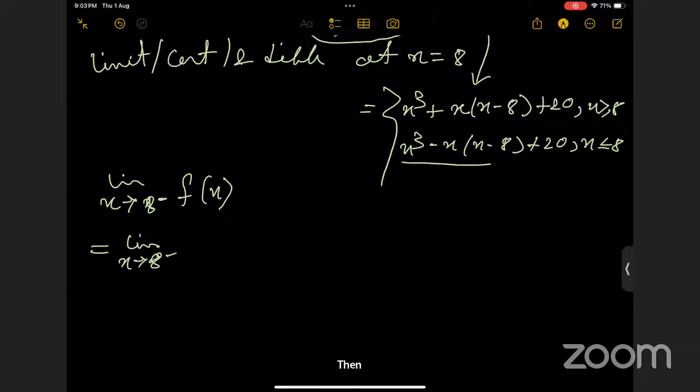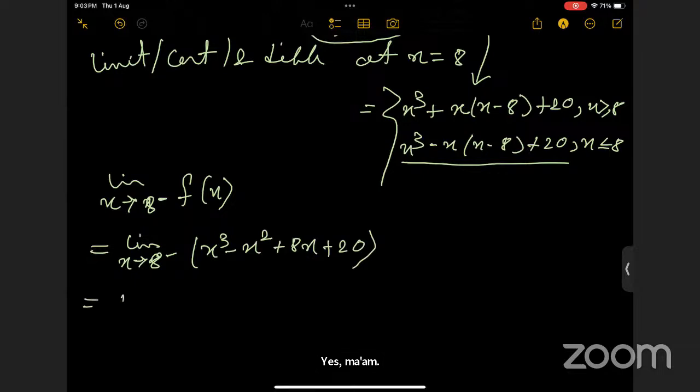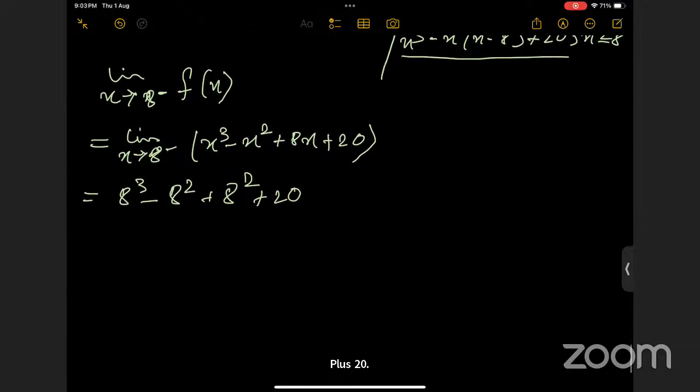This one, the second equation below. This is x cubed minus x squared plus 8x plus 20, right? So we can put in 8 directly here. So this is 8 cubed, minus 8 squared, plus 8 squared plus 20, right?